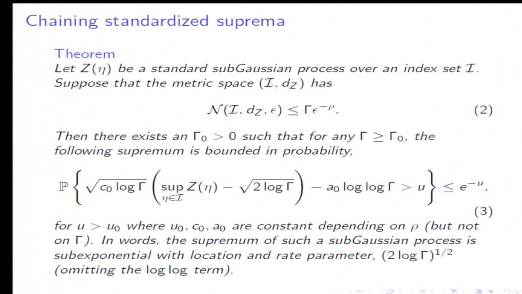And what I prove in this theorem is that, in fact, the supremum of our sub-Gaussian process concentrates in a way that the location for this standardized sub-Gaussian increases, but actually it decreases in terms of the scale of the sup of the sub-Gaussian process, and it does so in an exponential fashion, so that we get that this scan statistic is a sub-exponential random variable.